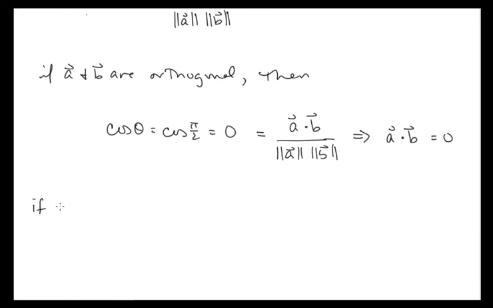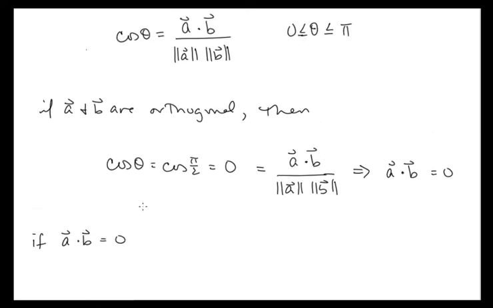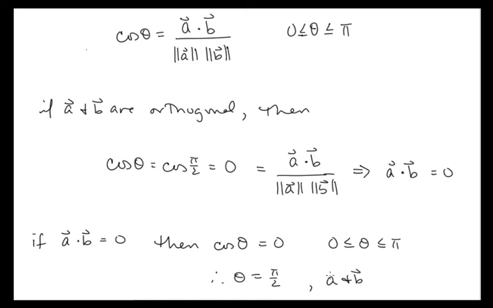We can take a look at the converse of that statement as well. If A dot B is equal to 0, then we know that cosine theta is equal to 0, and theta is between 0 and pi. Therefore, theta must be pi over 2, and that says A and B are orthogonal. So if A dot B is equal to 0, then A and B are orthogonal.